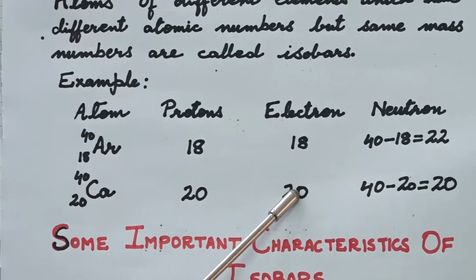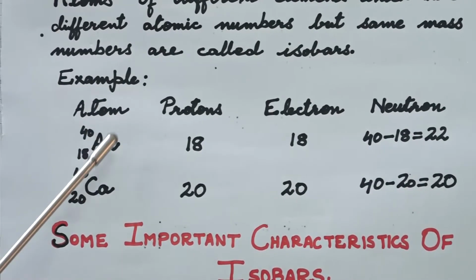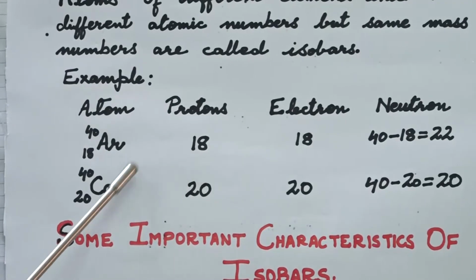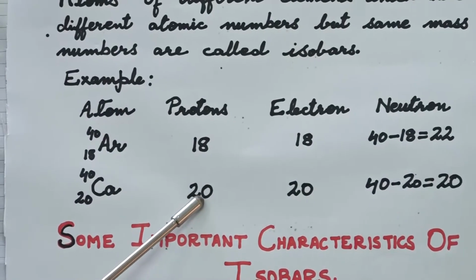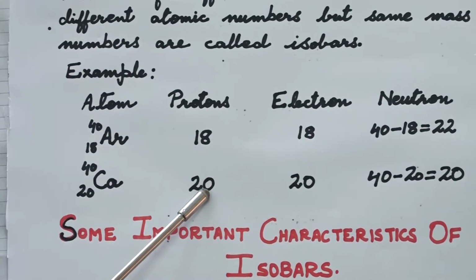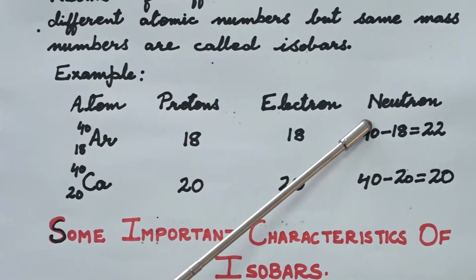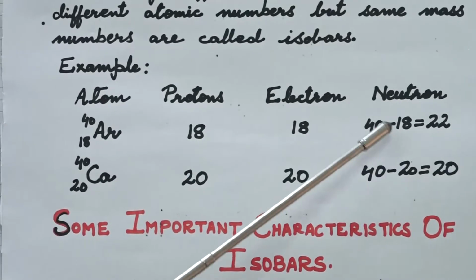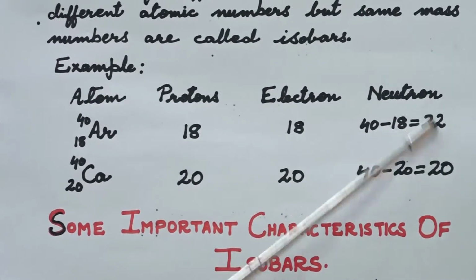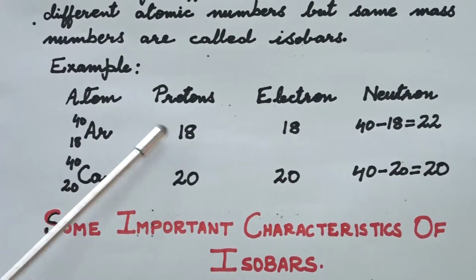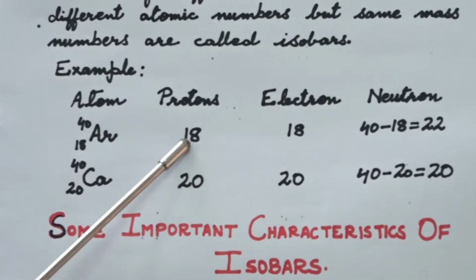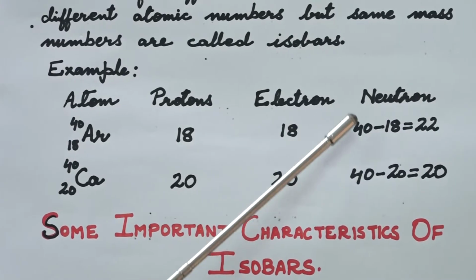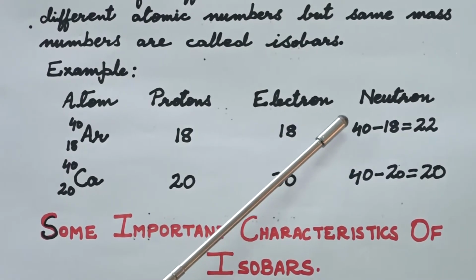For example, the atomic number of argon is 18, while the atomic number of calcium is 20. Their atoms are known which have mass number 40. Thus, we may represent them as shown in the figure here. In argon, the number of protons is 18, electrons is 18, and the number of neutrons present is 22.